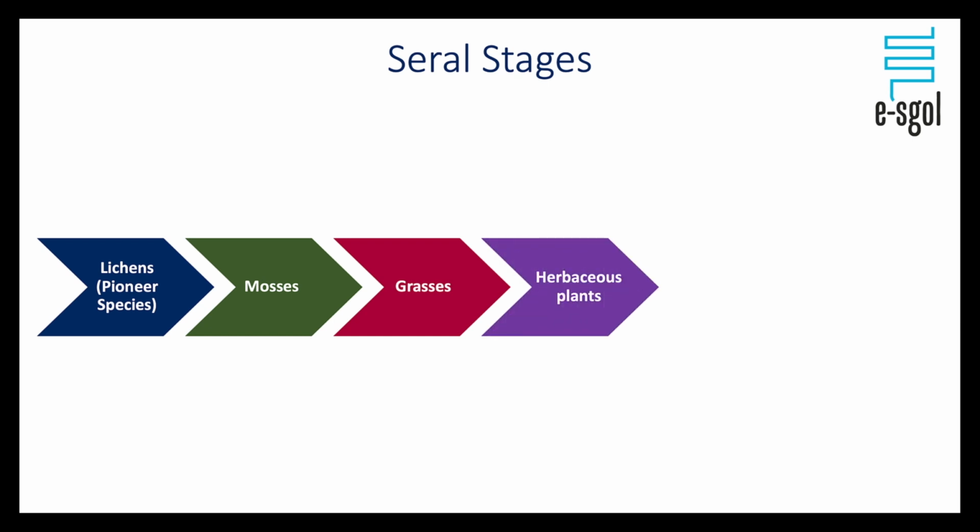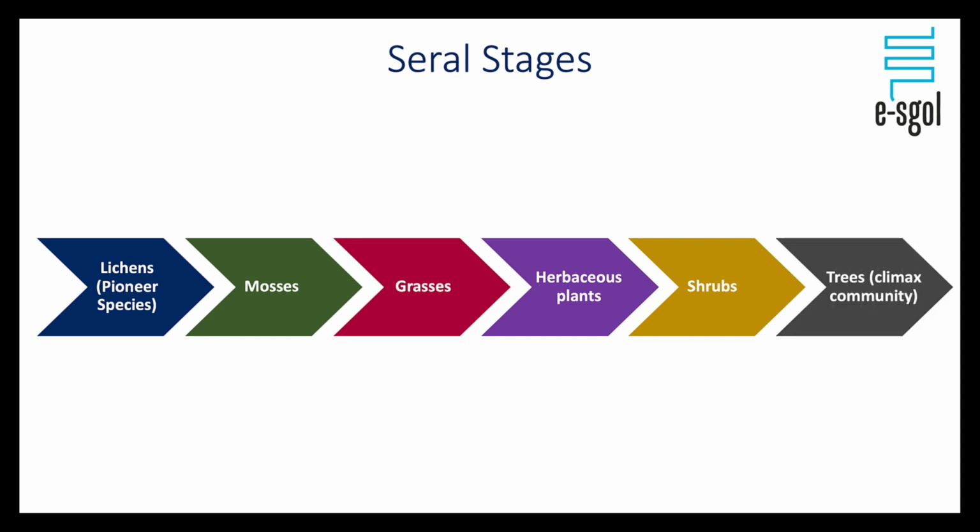Following on from grasses, more complex plants such as herbaceous plants will colonise an area. Herbaceous plants will lead to shrubs, and then finally to the climax community.